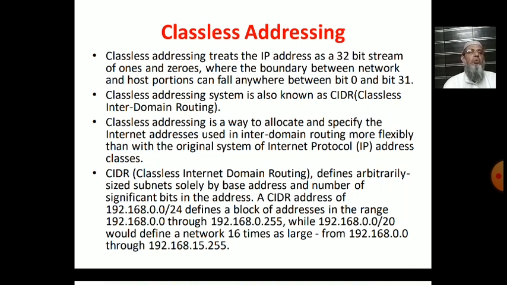While 192.168.0.0/20 will define a network 16 times as large, that is 192.168.0.0 through 192.168.15.255. Now, it's a bigger network because it has more hosts compared to the previous one.